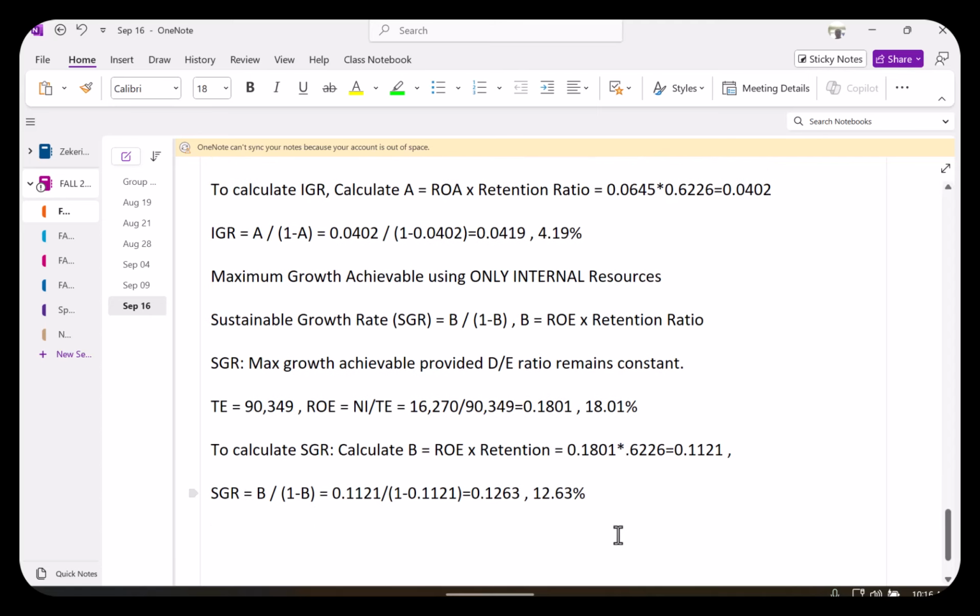Quick question. If a company pays all of its net income as dividends, as a policy, I made $100 million this year, I'm going to pay $100 million in dividends. I make 200 million, I'm going to pay 200 million in dividends. What do you think the sustainable internal growth rate would be?